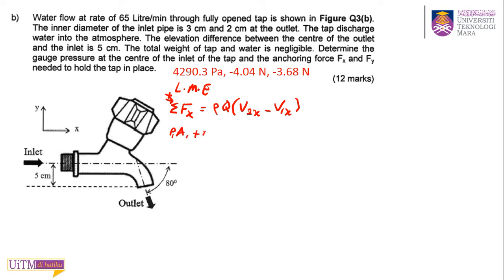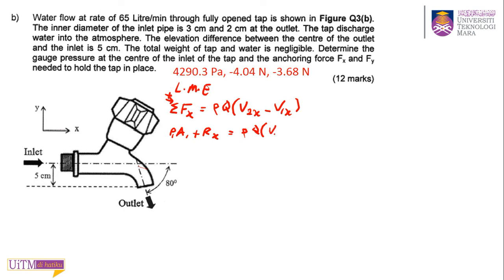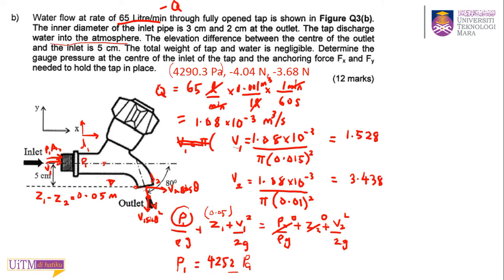So P1A1 plus Rx equals rho Q times V2x minus V1x. V2x is this one, V2 comes out, so V2 cos theta, minus V1x, which is V1.